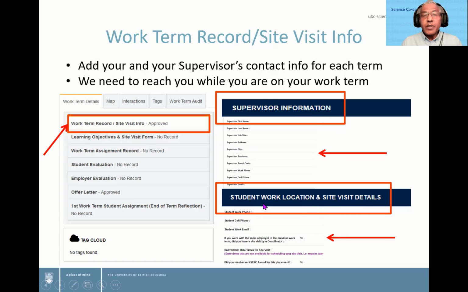You also need to enter your work term location and other site visit details. And all of this information is quite clear, so I will not go into detail, but you can see that you can also access the work term record on the left-hand side of the table that you are currently seeing.